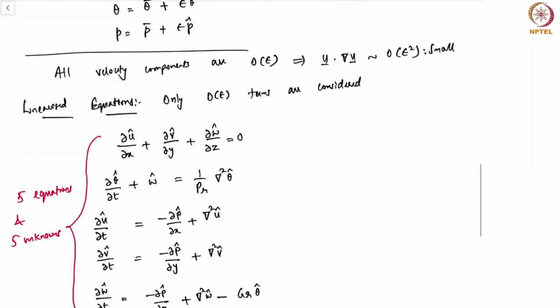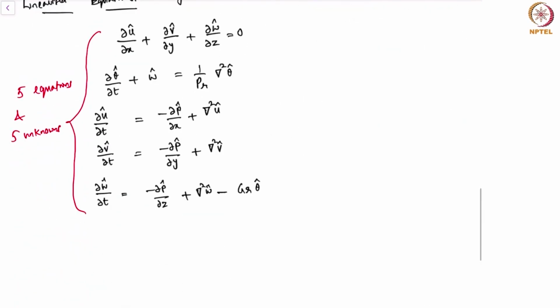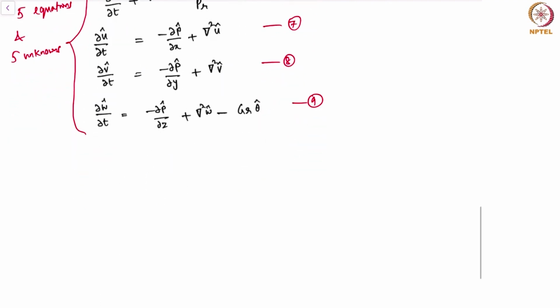Let's label these equations. We have already used the label up to label 4. So let's label them as 5, 6, 7, 8, and 9. Okay. Now we can actually do some simplifications, which we'll take a look at now.